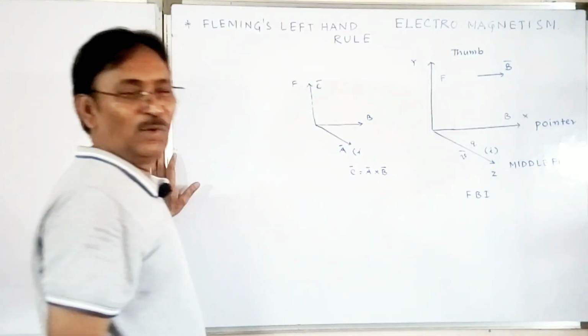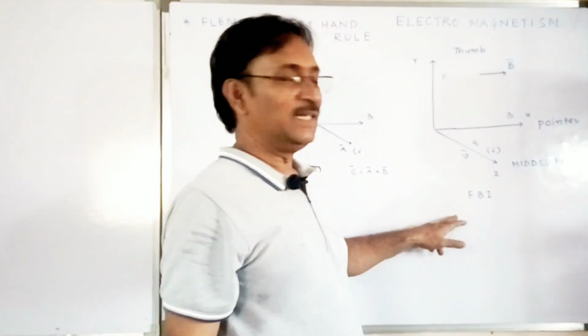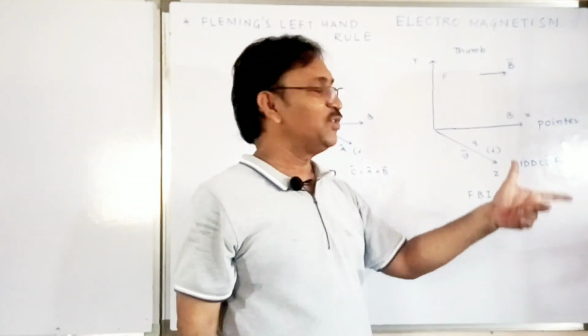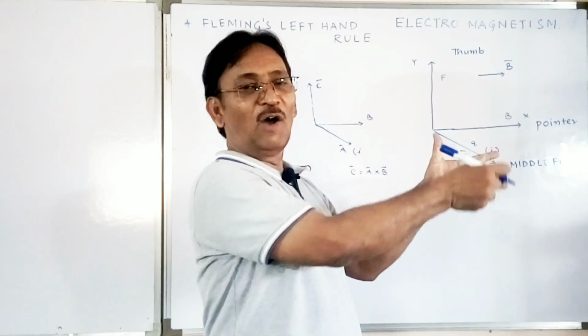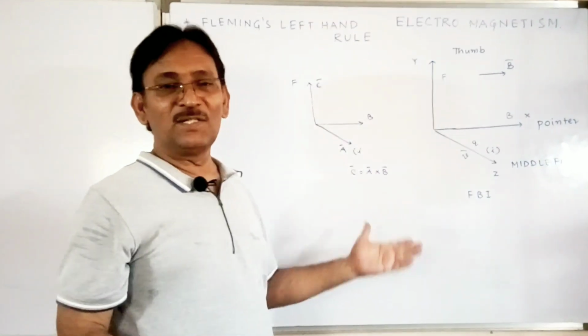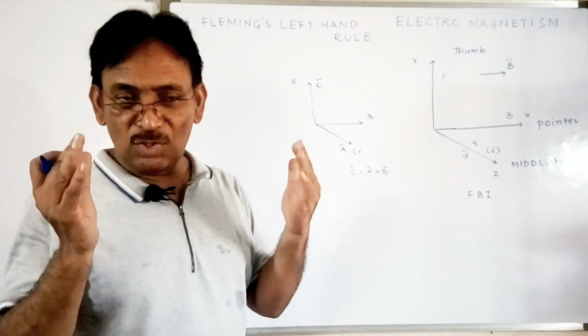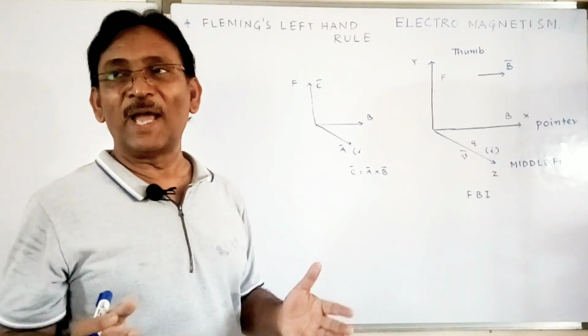FBI, Federal Bureau of Investigation, the American detective agency. That's the Fleming's left-hand rule. With that, you can find out the force acting on a charge kept in a magnetic field.